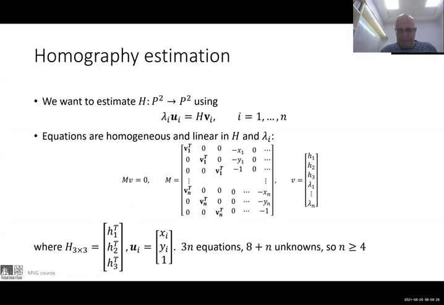Ronen, is there any geometric meaning to those lambda? Yes, essentially lambda is a number that tells you location along the ray.